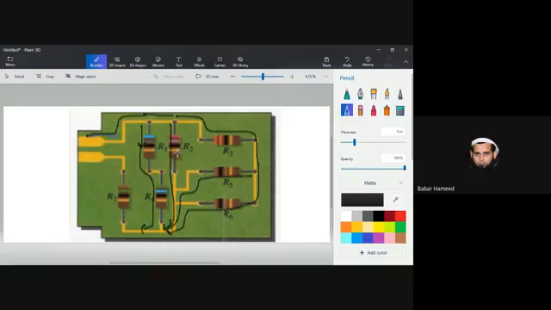So R3 is in series with the parallel combination of R5 and R6, and the whole circuit is in series with R7.